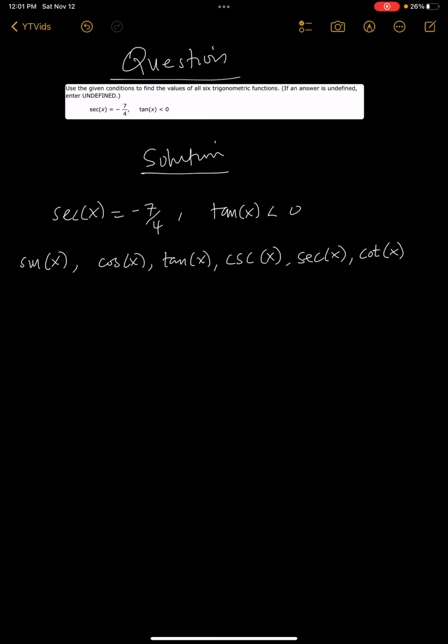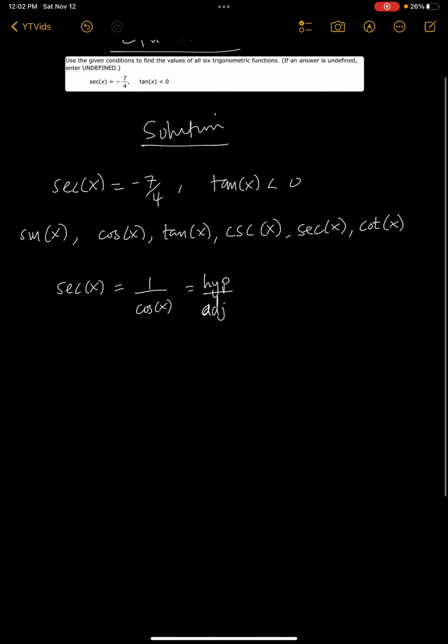Now for this kind of problem you need to think about it from the viewpoint of right angle triangles and the Pythagorean theorem. We already know that secant of x is the same as 1 divided by cosine of x, and the formula is hypotenuse over the adjacent.